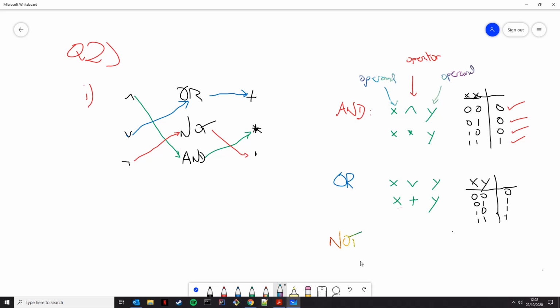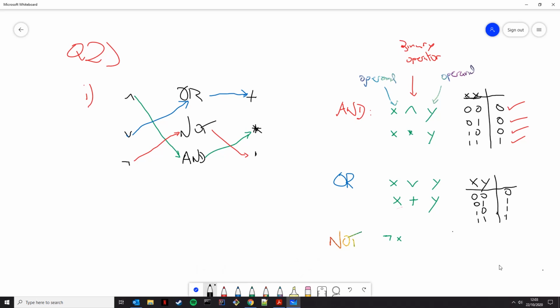For the not, it is the unary operator. The and and the or are binary operators, in that they take 2 operands. The not is a unary operator, in that it takes only 1. So let's say not of x.